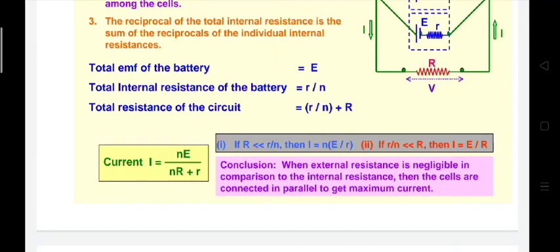This current is nearly n times the current given by a single cell. Hence, when the internal resistance of the cell is much larger than the external resistance, then the cells should be connected in parallel combination.